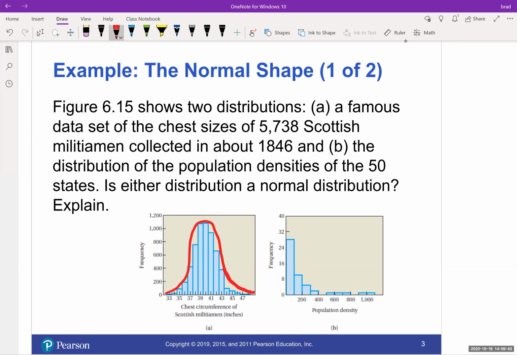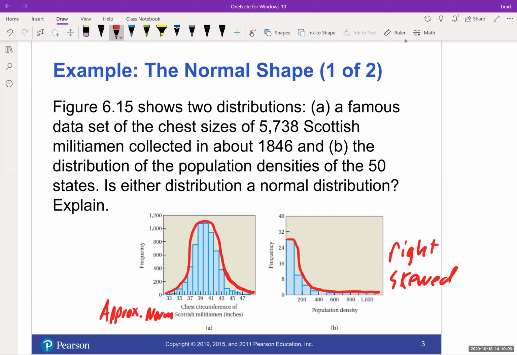Or approximately normal. And this definitely is not. This would be right skewed. This is from the previous chapter, when we talked about right skewed. So this one is approximately normal.